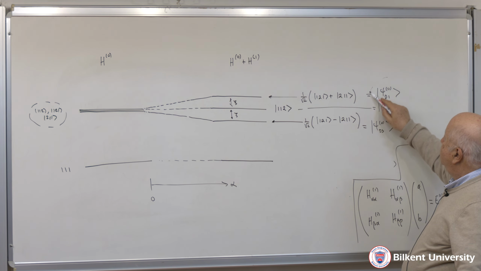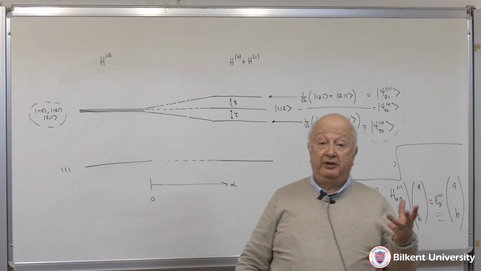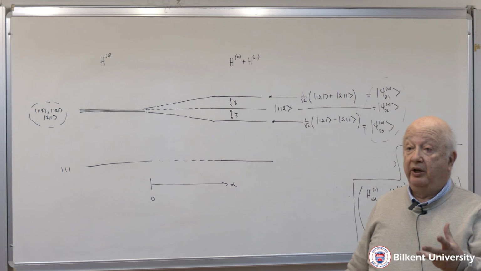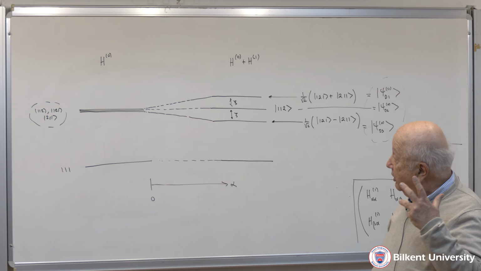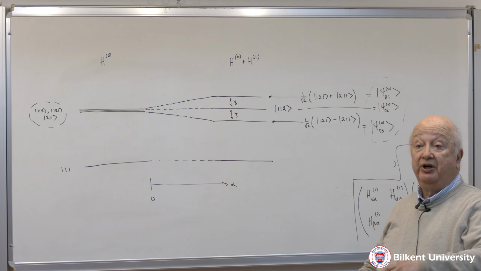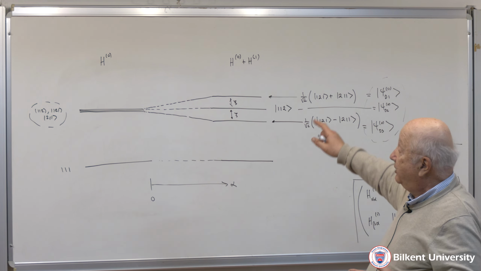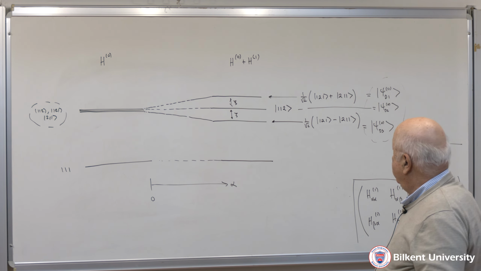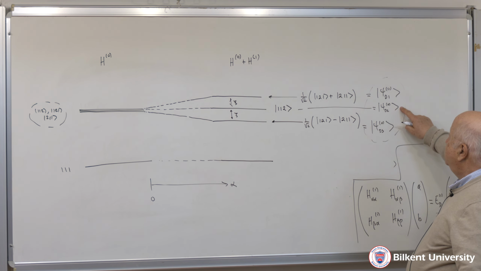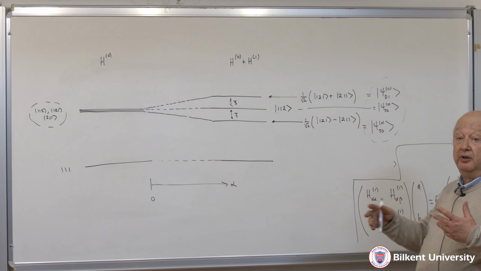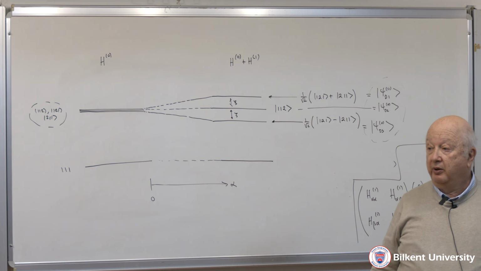It really doesn't matter whether you use these things or those things to represent your state. All three are orthogonal states which cover the degenerate set of energies when you don't have any H1. So you could have the particle in this state or that state or that state with any probability between 0 and 1, obviously.